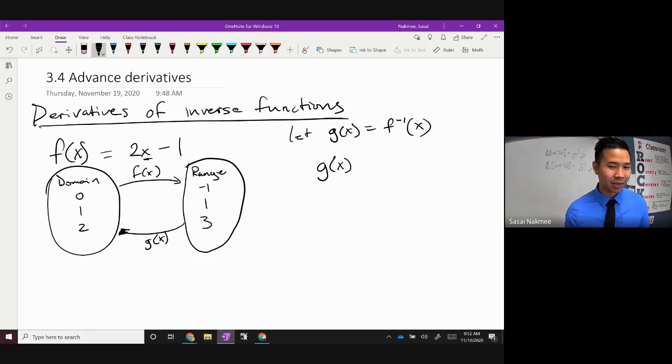Anyone have an idea of what the inverse function should be for 2x minus 1? No. Thank you for being honest with me, Max. You probably do if I actually started working it out and you saw it, but it's been a while, I'm pretty sure. Inverse functions aren't actually talked about too often, but it is a neat little thing.